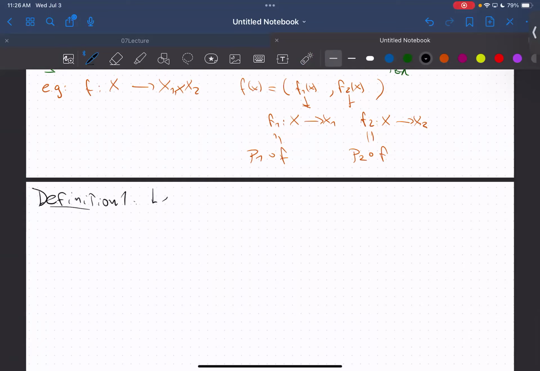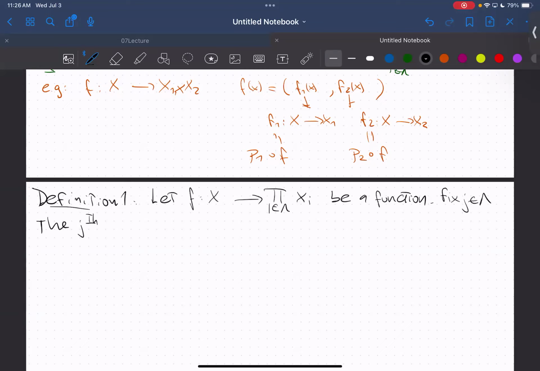So let's take a function from some set X to a Cartesian product. Any function. Let's say we fix some index j.